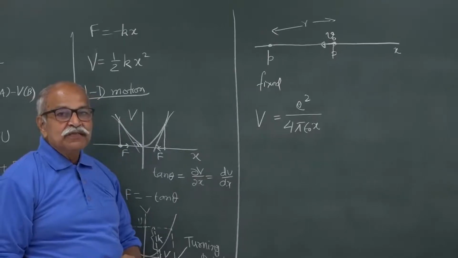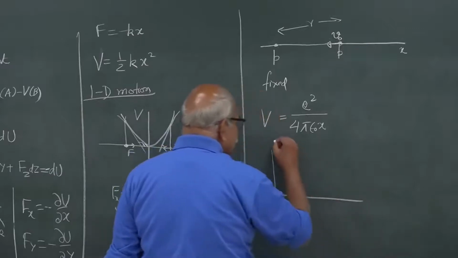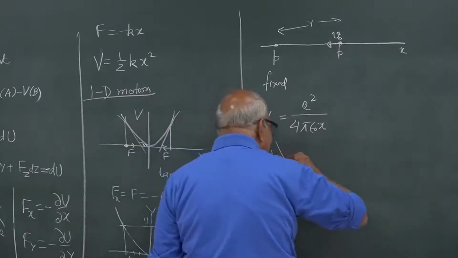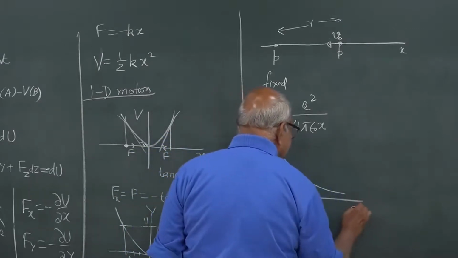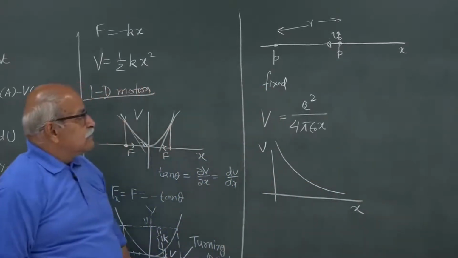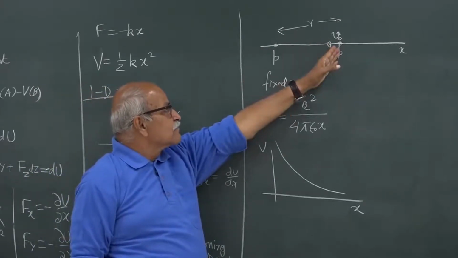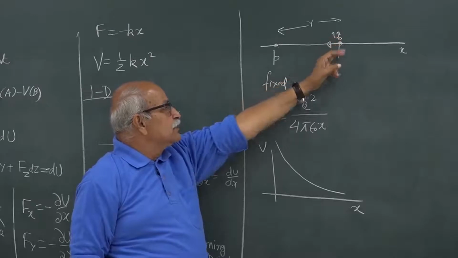If you plot, what happens? It will be a hyperbolic curve. Initially it is at a large distance, and the speed is v naught.